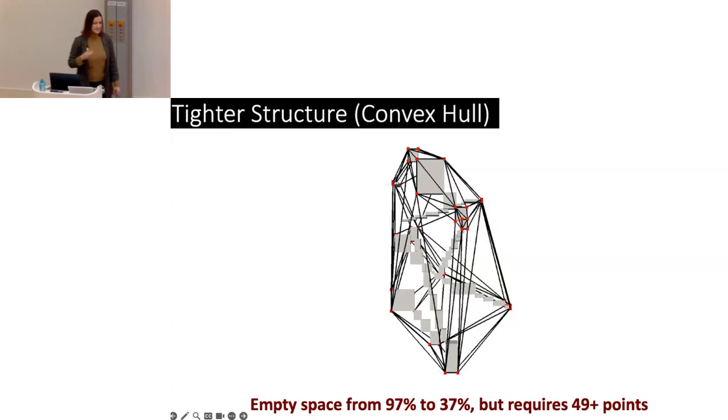And as you can see, that's indeed much more precise, because here I'm reducing the empty space within the index node down from 97% to 37%. However, the problem here is that in order to represent this complex shape, I need 49 plus points. And I have this plus because I also need to store some information about how these points are connected.